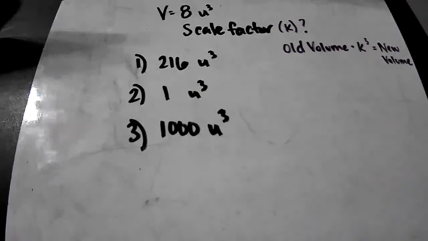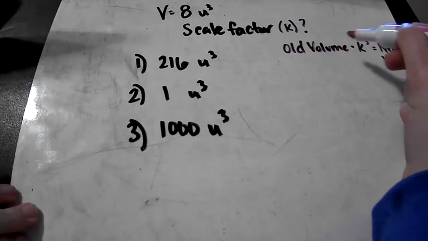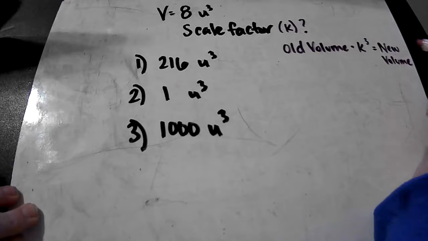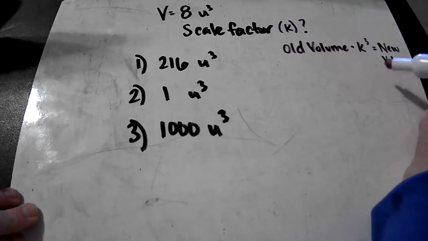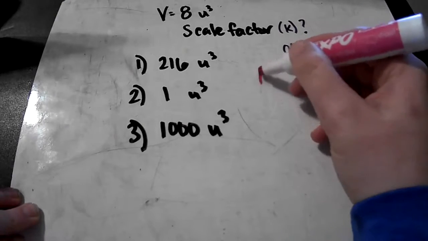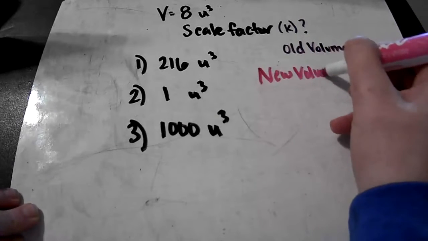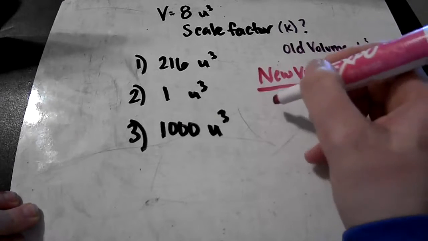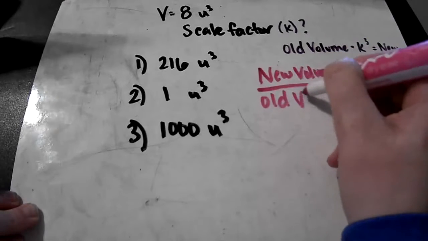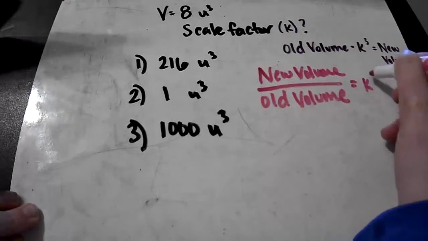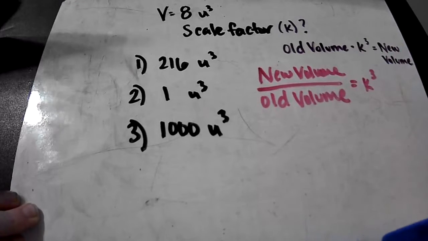For each of these problems, instead of doing the old volume times k cubed equals the new volume, we're going to do the opposite of this. We're going to start out by doing the new volume divided by the old volume, and that result is going to give us our scale factor cubed.